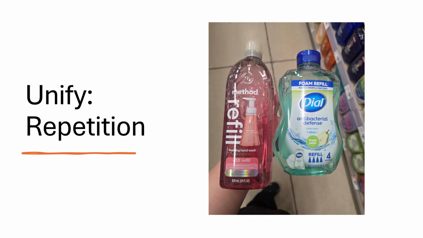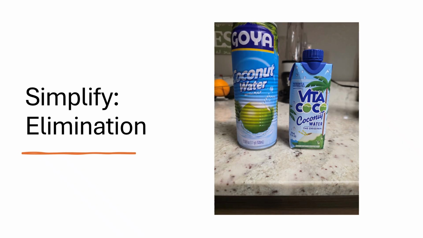The last we'll be focusing on would be simplify and the elimination stage. In this photo, we have 2 coconut waters, one from Vita Coco and one from Goya. Vita Coco's packaging is clean and modern and uses minimal text with a clear color palette and simple imagery to highlight the product's natural appeal.